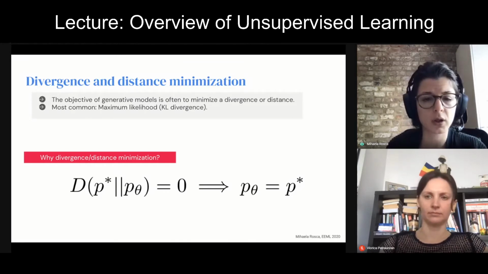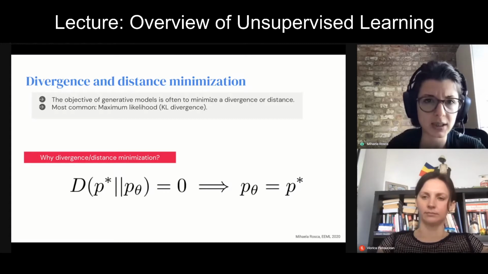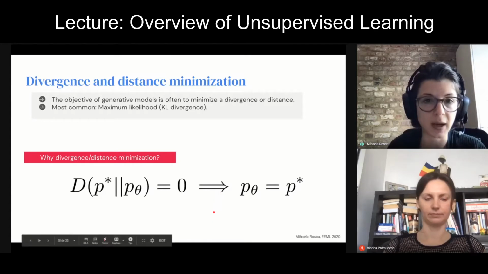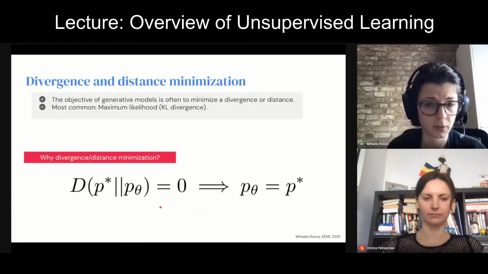We're often going to be concerned with divergences and distances, and they have different mathematical properties to satisfy. But one that is important for us is that if the distance or divergence between two distributions is 0, then the two distributions are the same. So this is quite a powerful thing to have, and it gives us some guarantees about the loss functions that we're using.